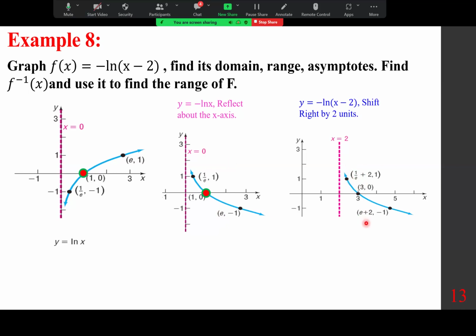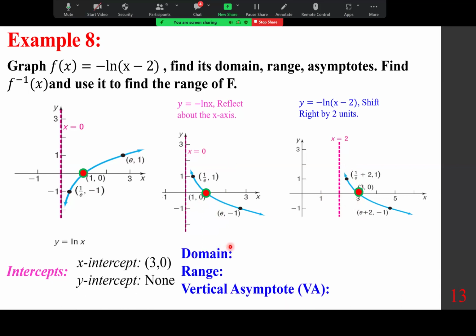We don't want to write the approximation. And so at this point, again, 1, 0, 1, 0, now it's at 3, 0. As far as the intercepts are concerned, obviously we have 3, 0, and there is no y-intercept.